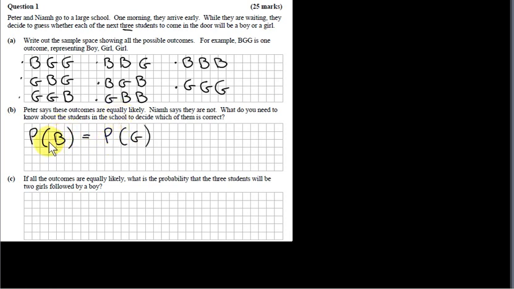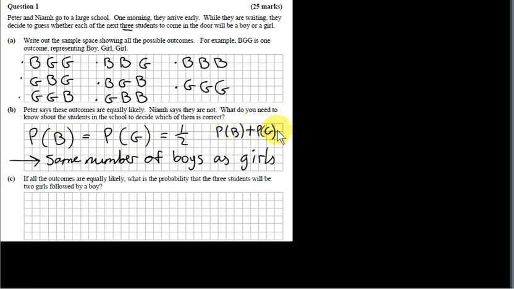Now, for the probability of a boy passing through the door to equal the probability of a girl passing through the door, we have to have the same number of boys as girls in the school. So, these probabilities must equal a half. The two probabilities have to add up to 1, of course. The probability of a boy passing through the door or a girl passing through the door must equal 1. There are only 2 options. There are only 2 genders to consider.